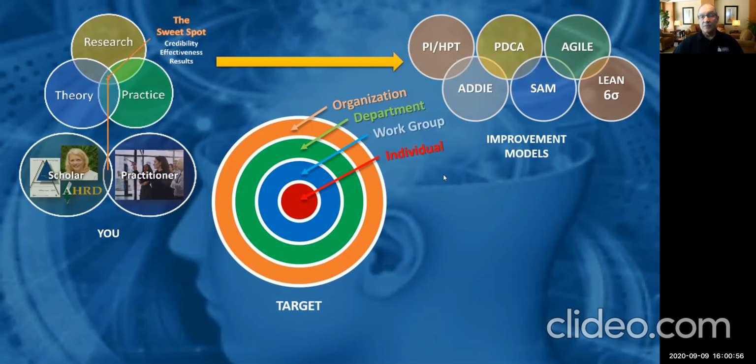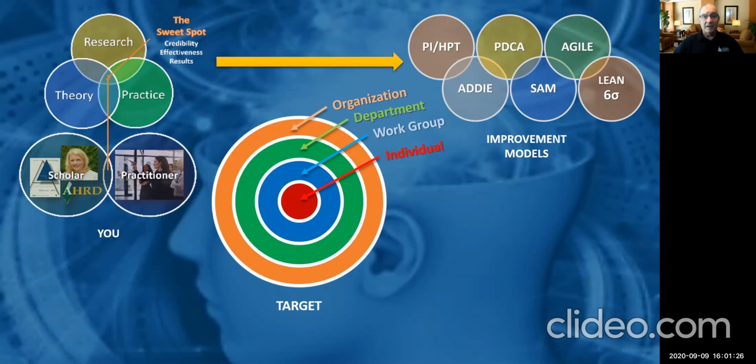For instance, of course, there's the performance improvement, human performance technology model, plan, do, check, act, the old quality model W. Edwards Deming is noted for. You could perhaps use the Agile model, ADDIE, SAM, or even Lean Six Sigma. You pick the right model according to your research for the job.